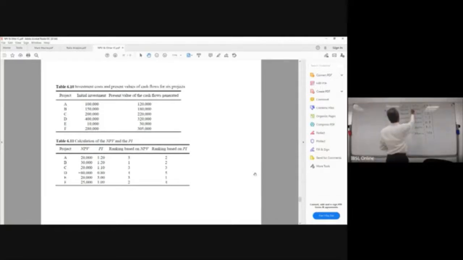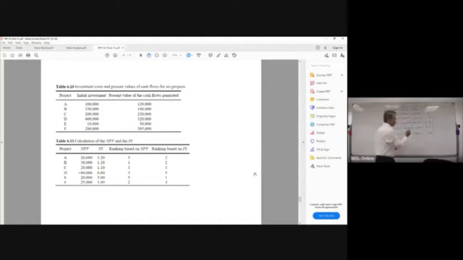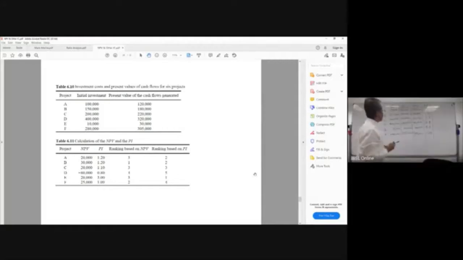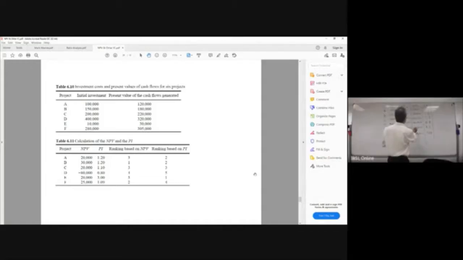Then these are C and E, A, C and E. And the last one is minus.